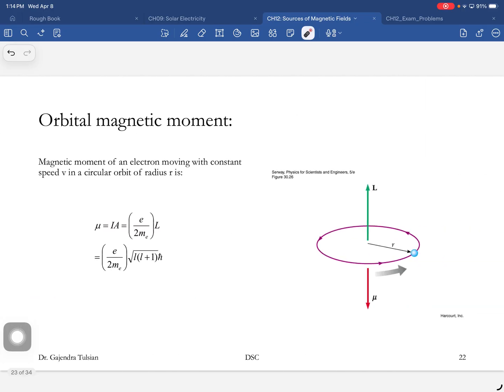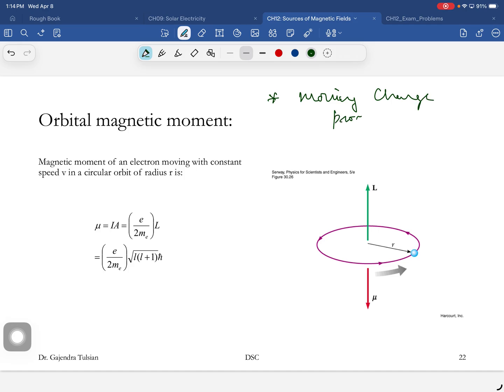Okay, now I'll briefly go over magnetic materials. What produces magnetic fields? Moving charges. Moving charges produce magnetic fields. Okay, atoms are filled with electrons.